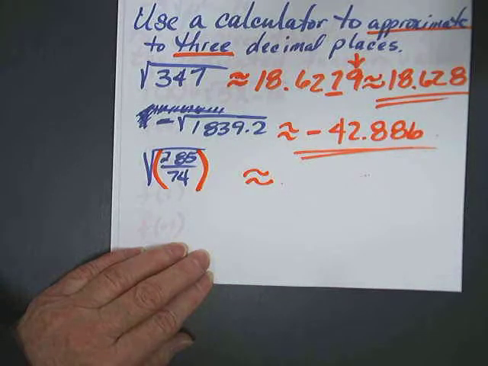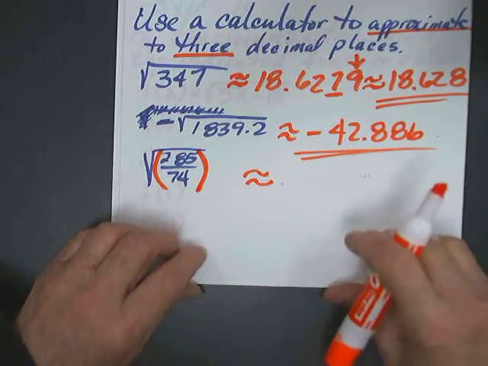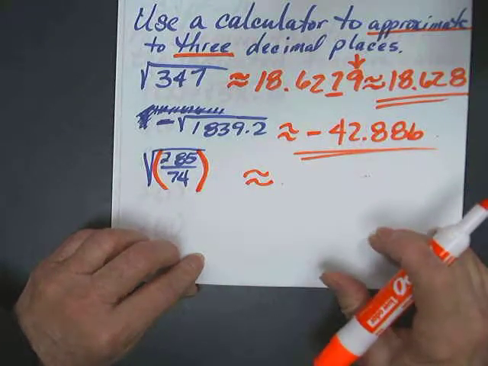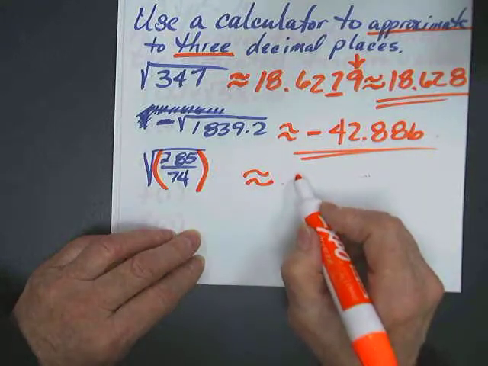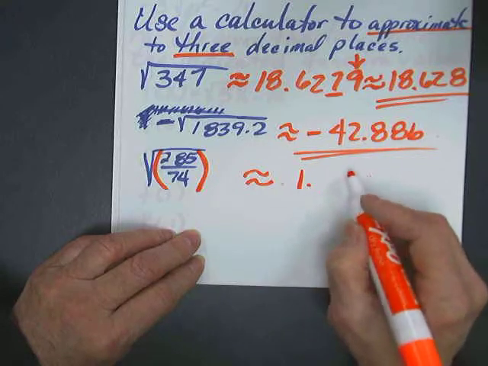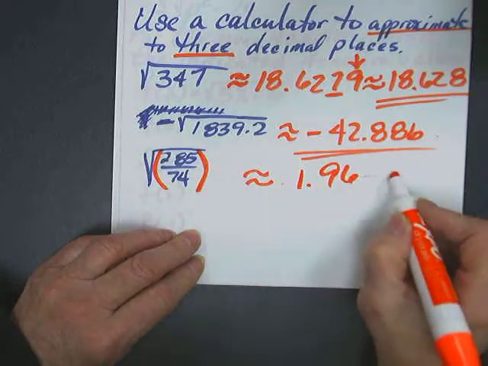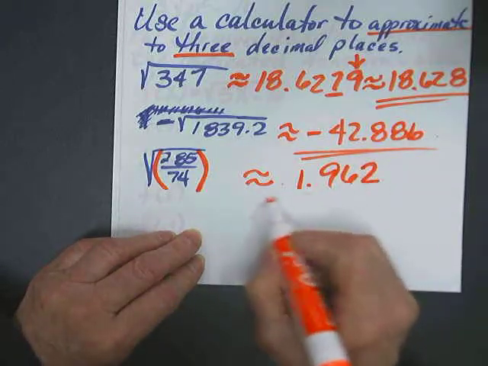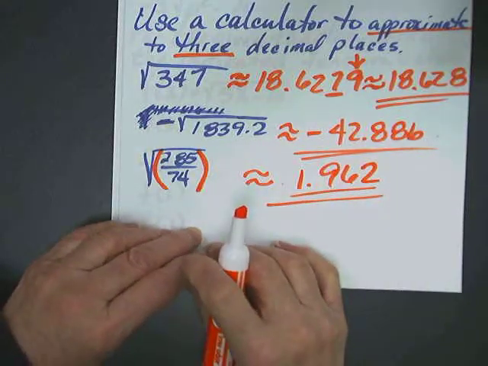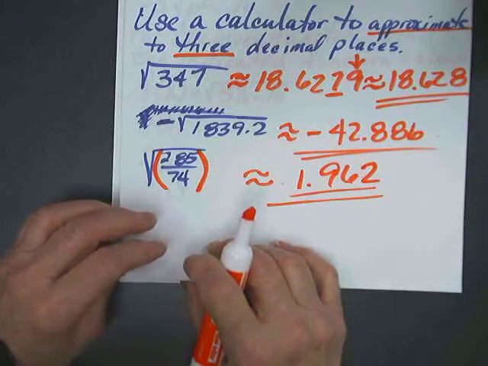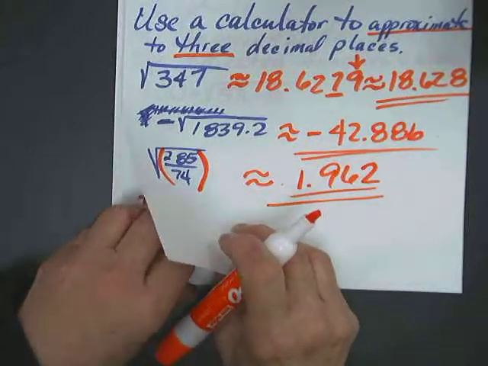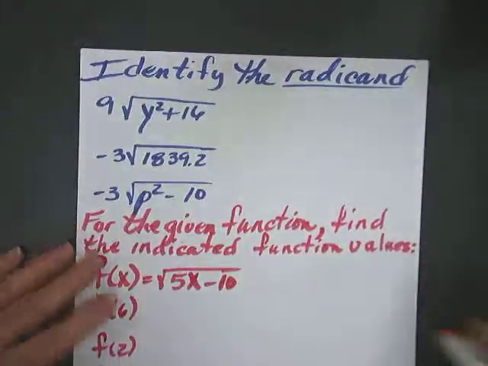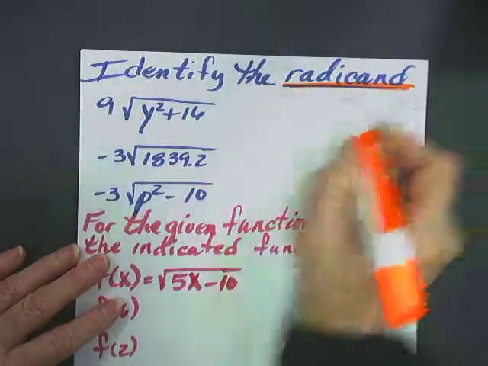To 3 places. What do we get there? 1.962. What's following the 2? 2, 4? Okay. Okay, somebody else getting the same thing? Yeah, okay.